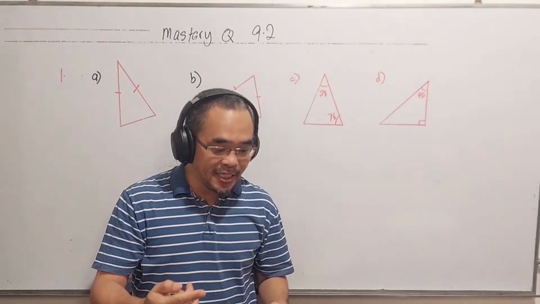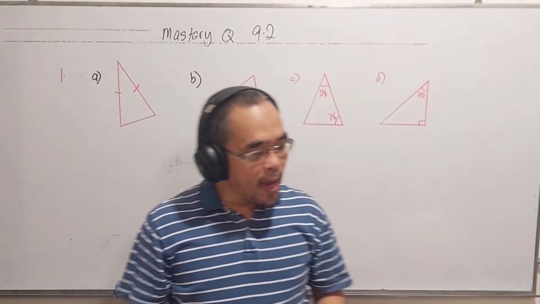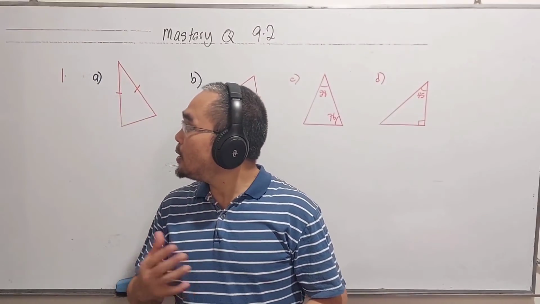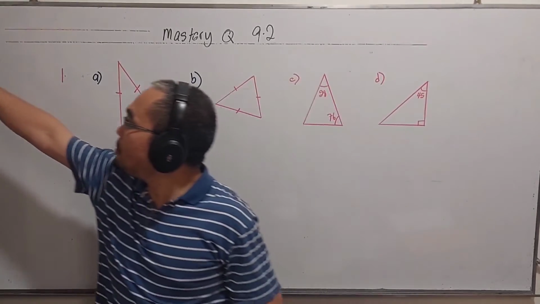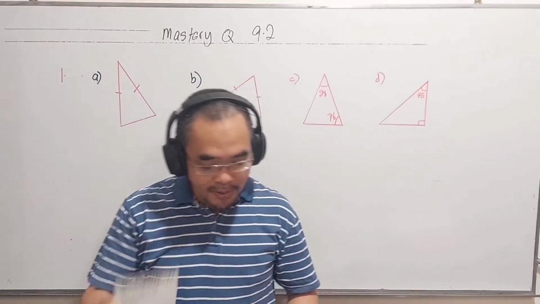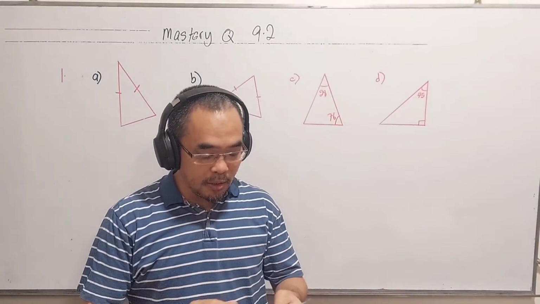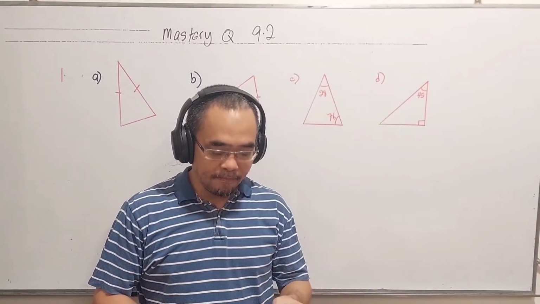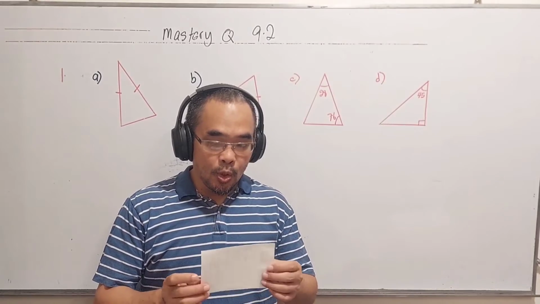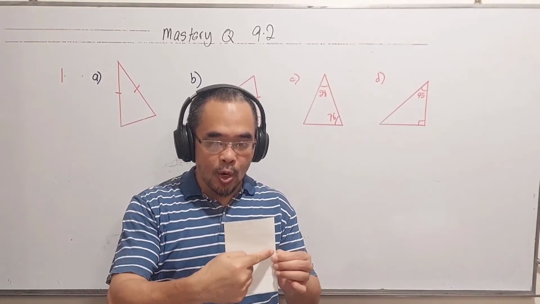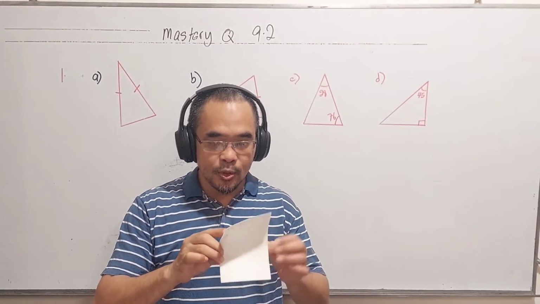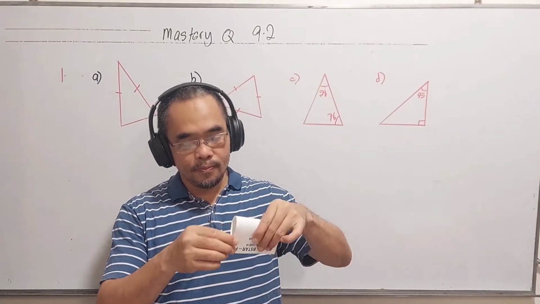And the second condition is that when they... I'm looking for paper. Okay, first, the line of symmetry has to divide into two equal parts. Let's say I draw a line of symmetry here, so I cut it into two.